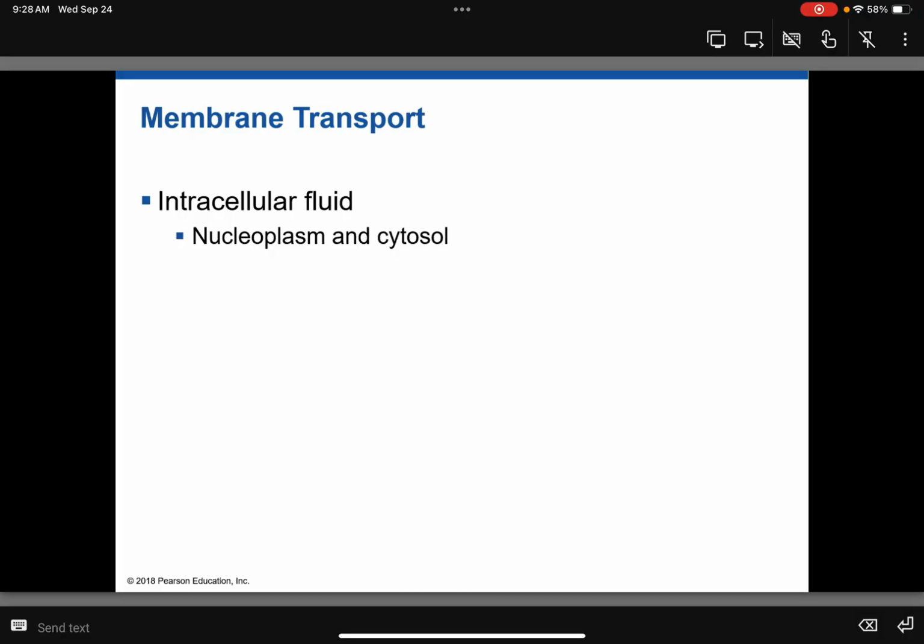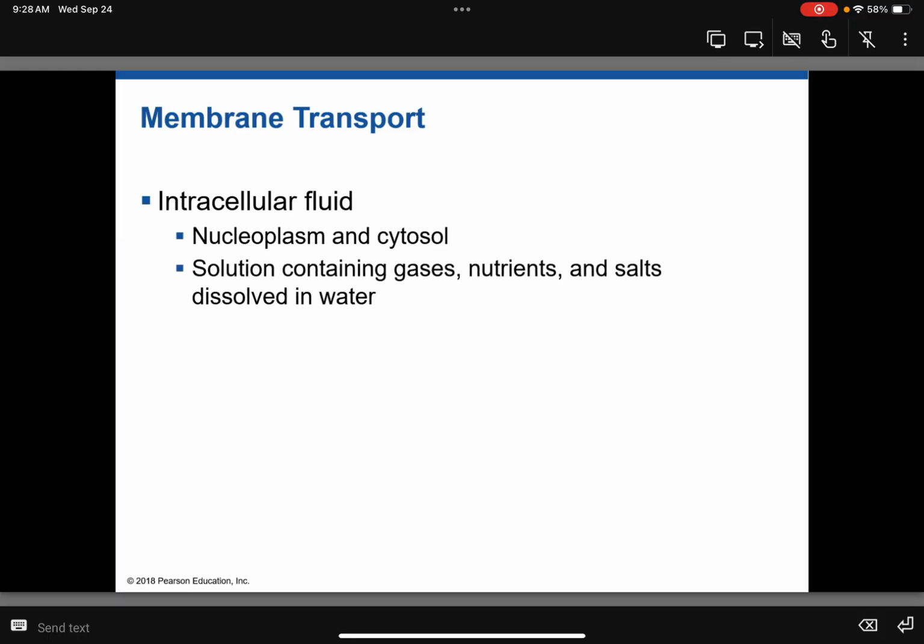The cytosol, remember, that's the jelly-like substance that we normally call cytoplasm, but specifically talking about just the fluid that's in there. And the intracellular fluid is a solution that has dissolved gases, nutrients, and salts in it.